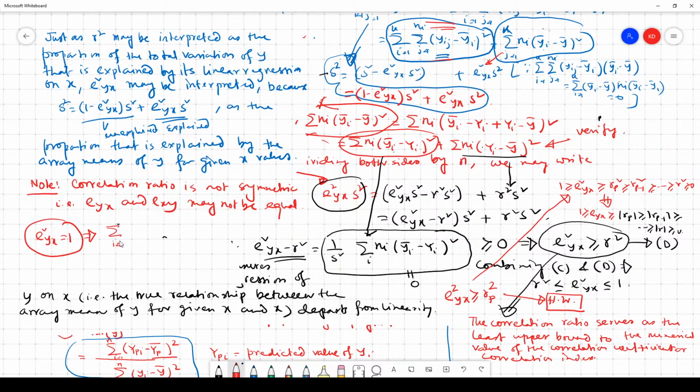That means the summation i from 1 to k, j from 1 to ni, of (yij minus yi bar) whole square equals 0. This means individual terms are also 0. So all yij are the same as their array mean. That is, for the ith array, all observations of the ith array are the same, and equal to their mean, that is yi bar.